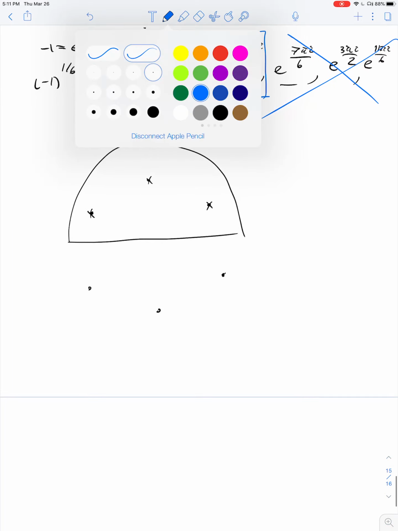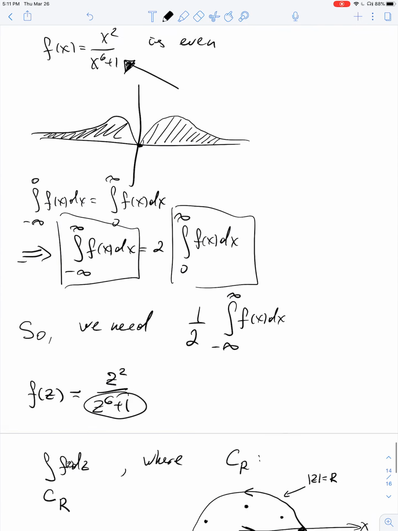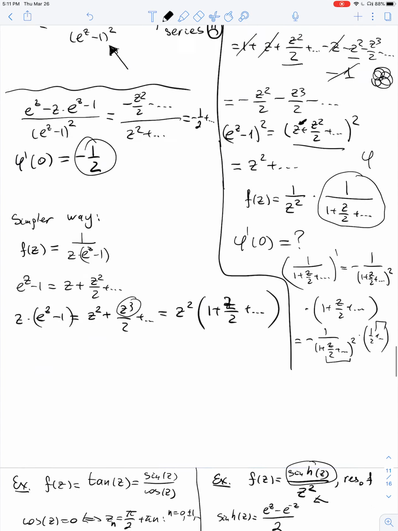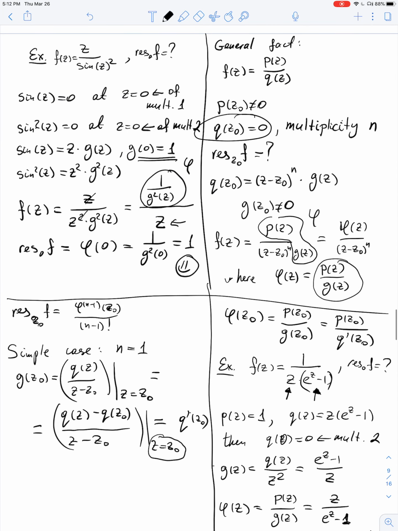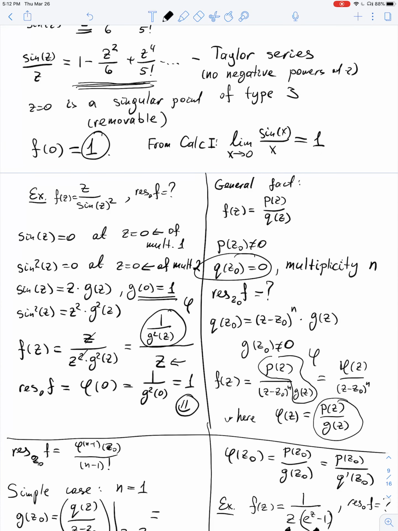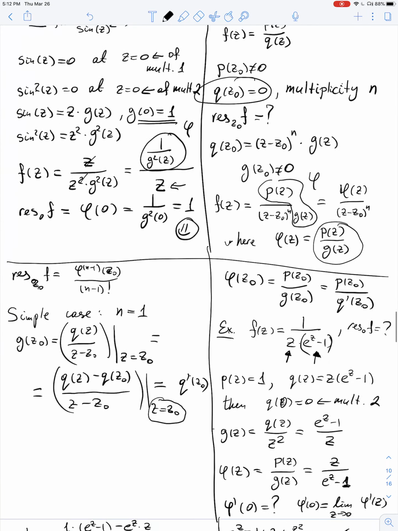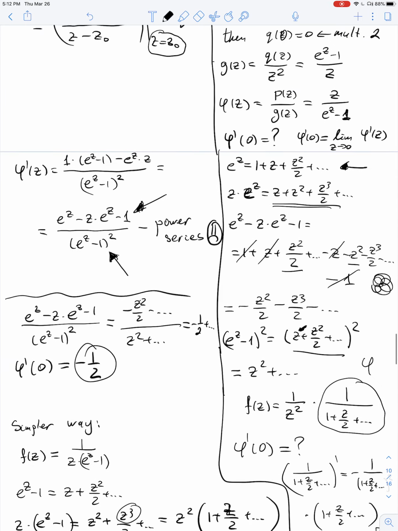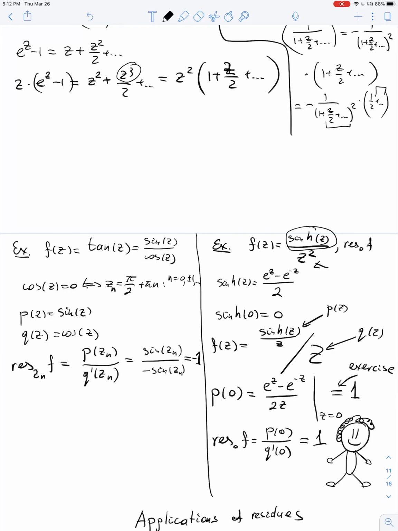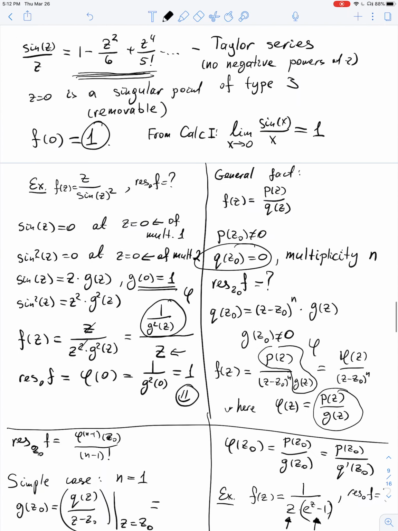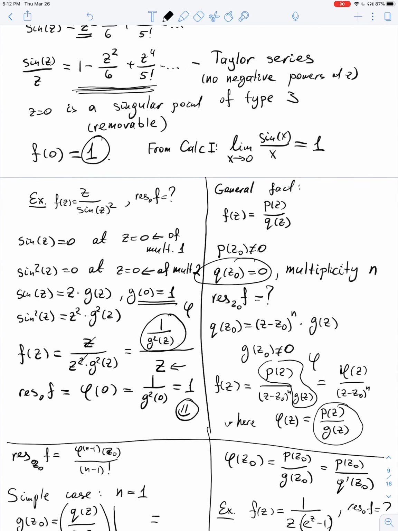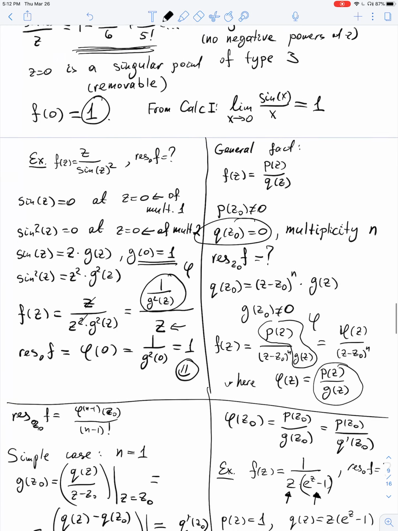Okay, so now I can actually compute the residues. And now I'll go a little bit back to remind you of the fact that if we have P over Q, and Q has a simple zero, then the residue, I had it earlier, hopefully.